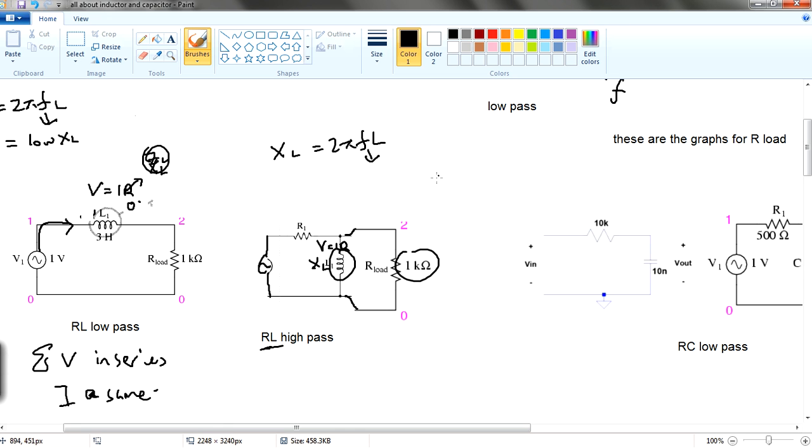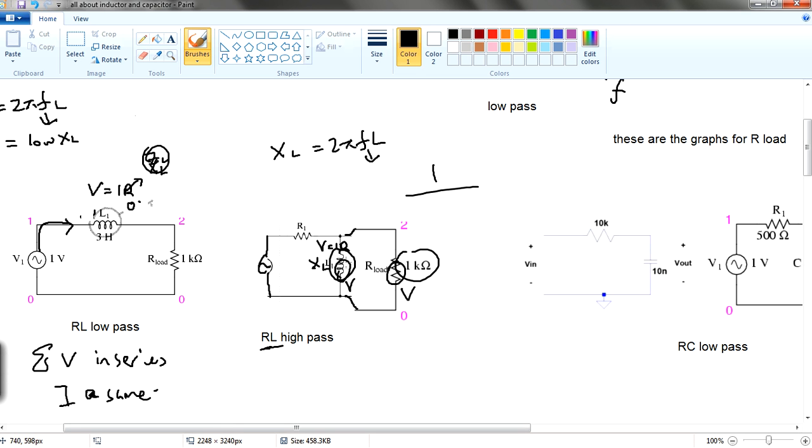If you remember, with a parallel connection, this may not be exactly correct, but the overall meaning is that the voltage in parallel is the same. So the voltage over here and the voltage over here is the same voltage.